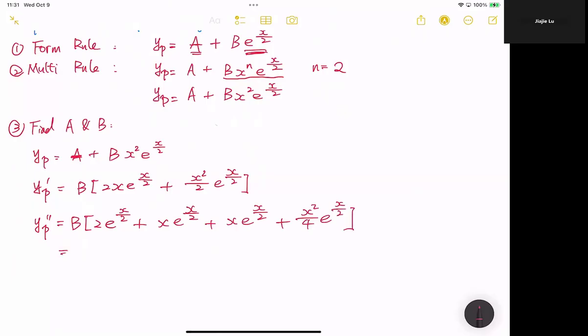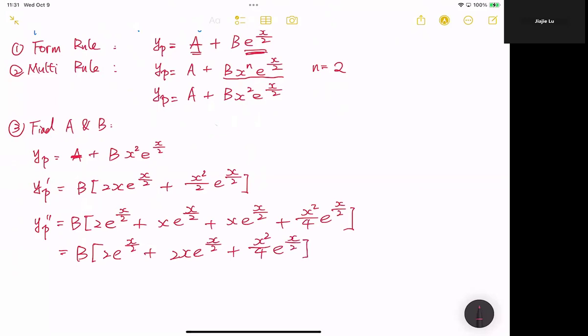Okay, and then maybe you can combine the similar terms together, will give you 2x e to x over 2 plus x squared over 4 e to x over 2.